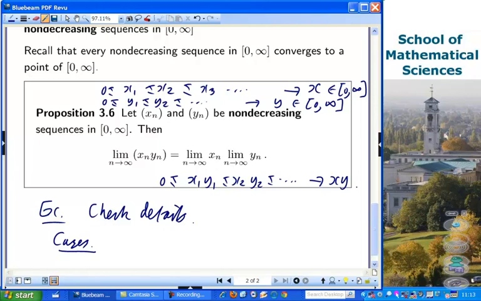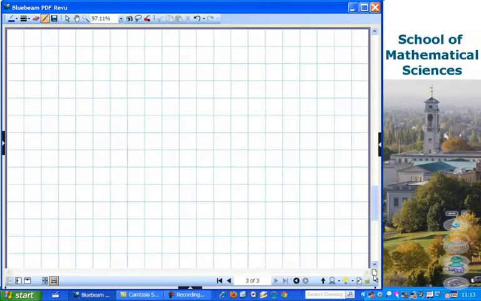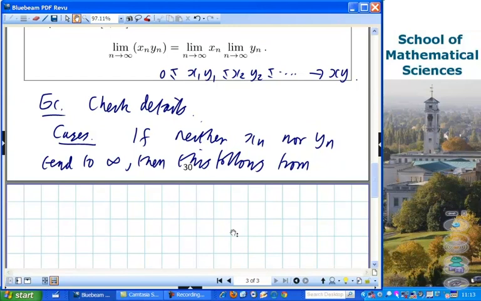If neither x_n nor y_n tends to infinity, then it's just the order of limits in R. Right, so if neither of them tends to infinity, then it follows from the order of limits in R, because they're all real numbers.